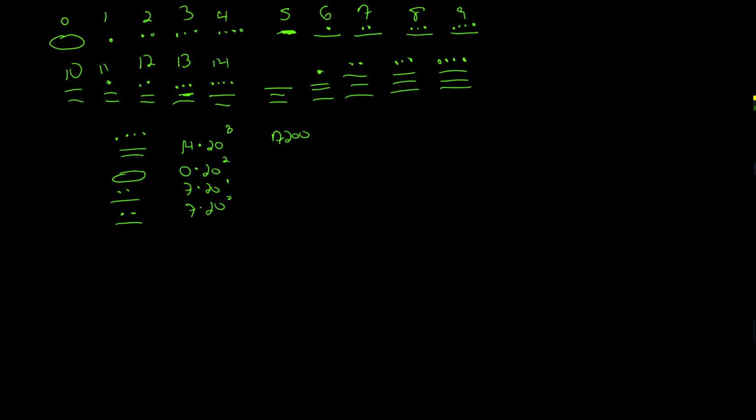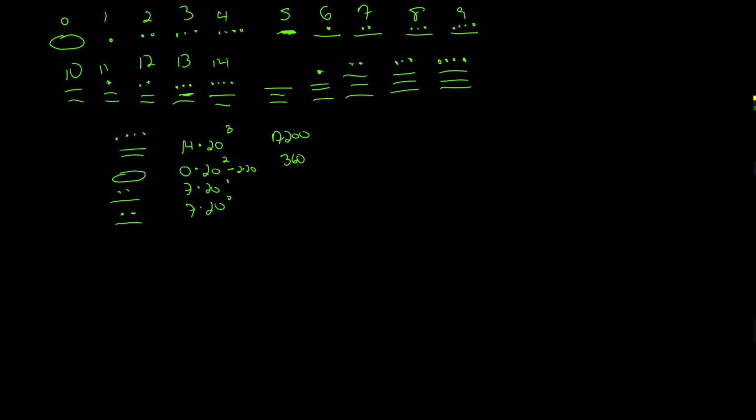I am missing something small here. Oh yes, that's right. They didn't use a direct base system. Let's see, 20 times 20. They used 360 here, which is 60 times 6, which is 20 squared minus 2 times 20.